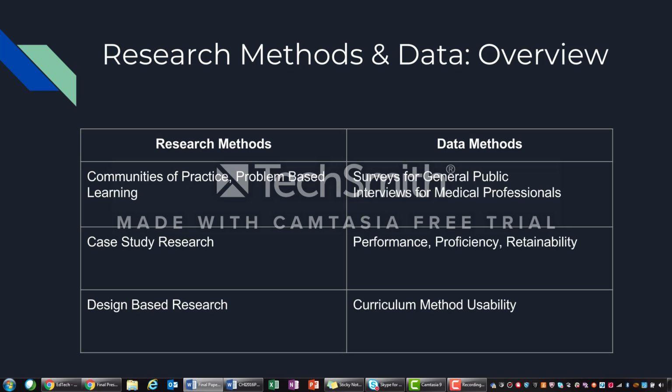Case study research targets instances in which contextual analyses are performed in real-life conditions and validation of causal factors in the phenomena. Data obtained for case study research applications within this project will be based on identifying and justifying data analysis methods to measure performance, proficiency, and retention of using simulation-based medical device tutors.